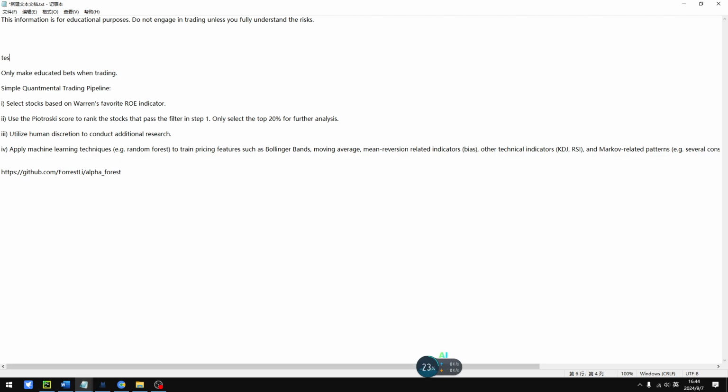First, they need to test their idea, right? And then put a small amount of money in a real trading environment. Let's say 5% of your trading capital. If it works, then you can try to scale up, right?